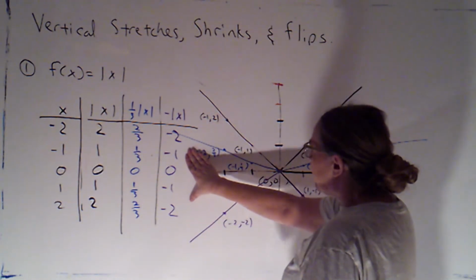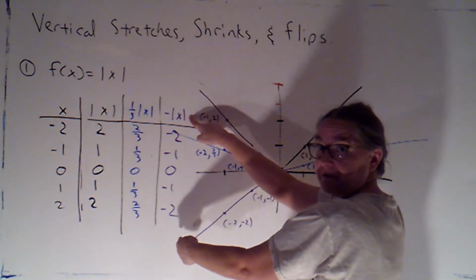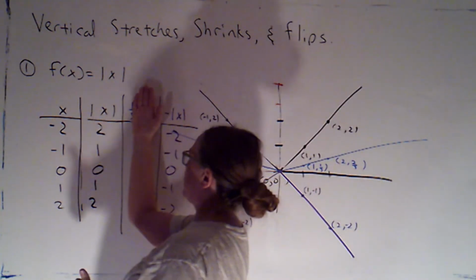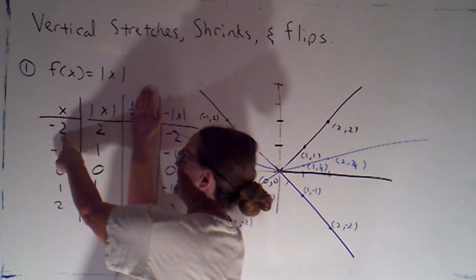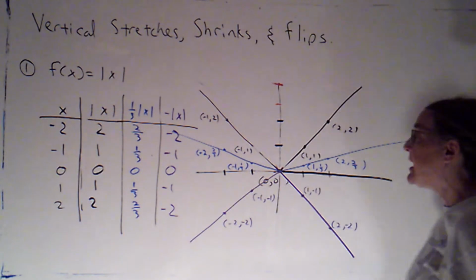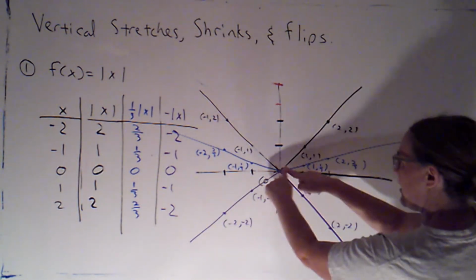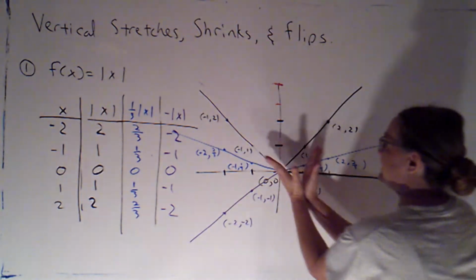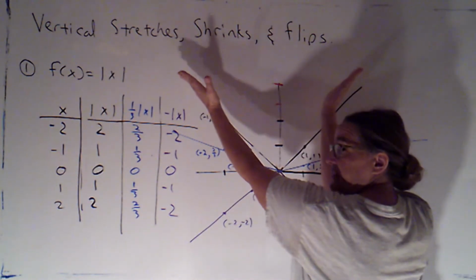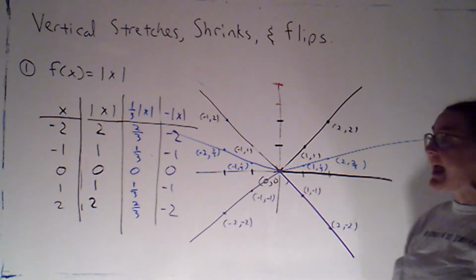And then in purple, I've got this column. This was for the opposite of the absolute value of x. So I'm really just ignoring this column. We start with x, we take the absolute value, and then we multiply it by -1. Now what that did is that flipped the graph vertically so that instead of having this parent v that opened up, we now have this flipped v that opens down.